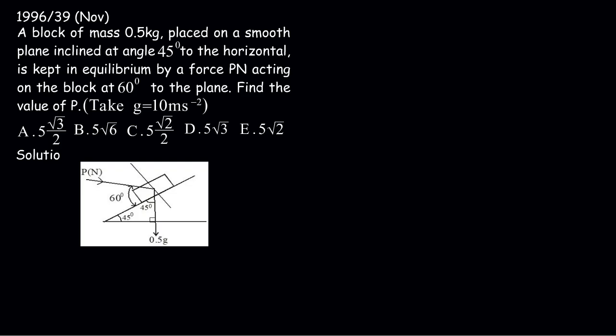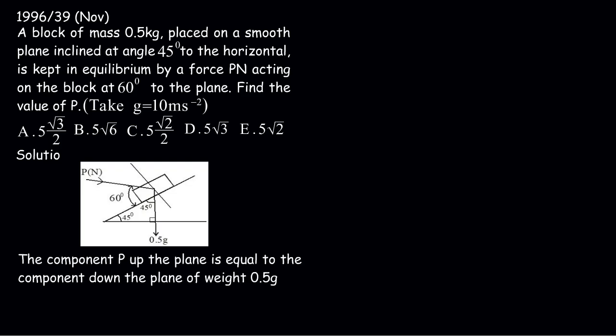Now, the component of P along the plane is equal to the component down the plane of the weight 0.5 g. That's if we resolve our P into its components, and we also resolve the weight of the body into its components. Both components along the plane will be equal to each other. That is, the component of P will be equal to the component of our weight.